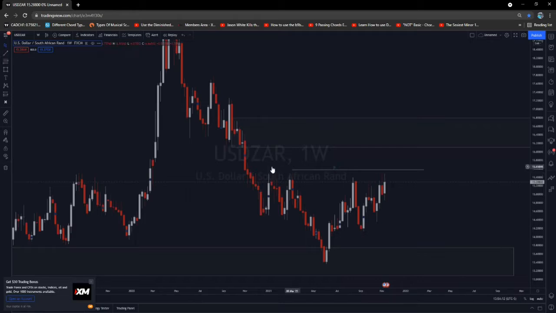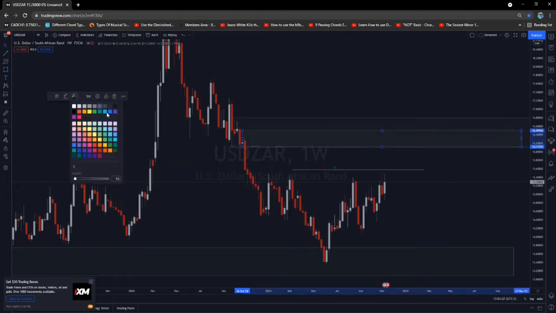This is a previous high. You have this large gap over here. And the only area of supply that is decent is this area of supply here.